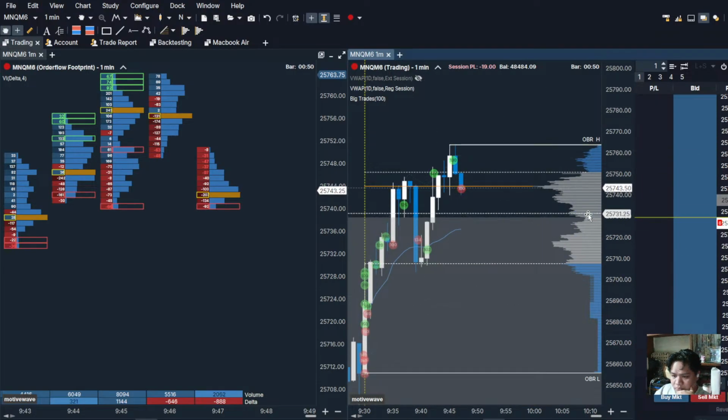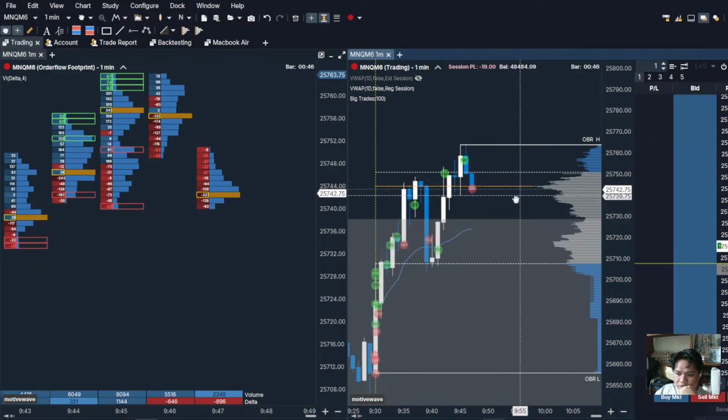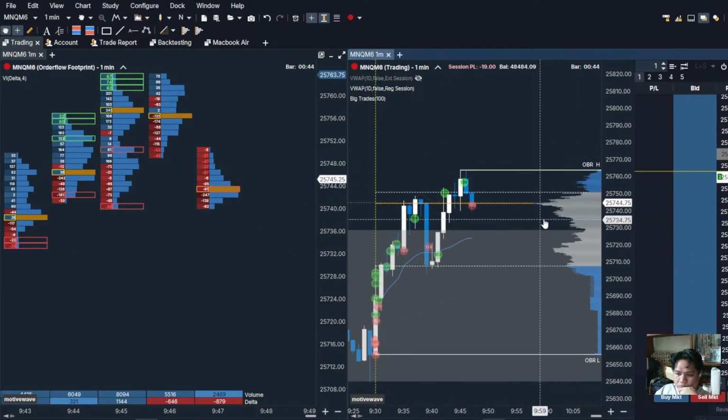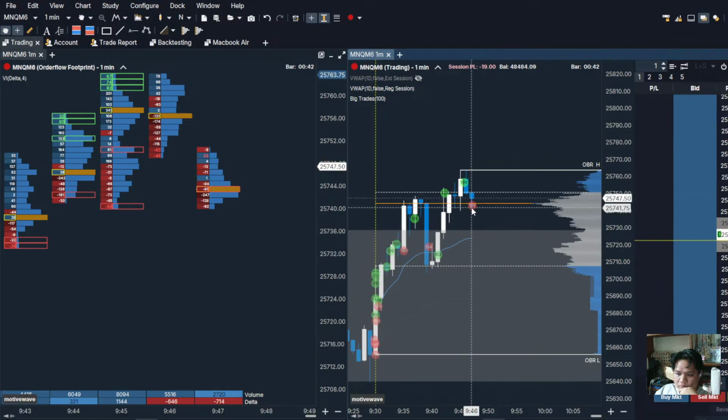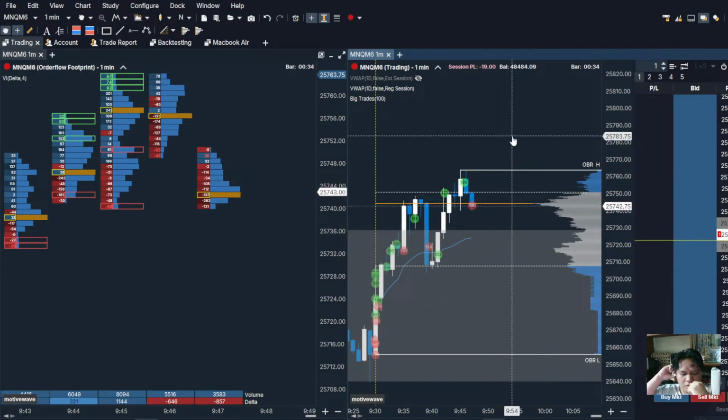Look at that. If this closes below, I'm interested for a short, guys. We can close below that. If not, sellers are trapped. Then we can start to go up, but I'm not looking for longs though. I'm looking for shorts.